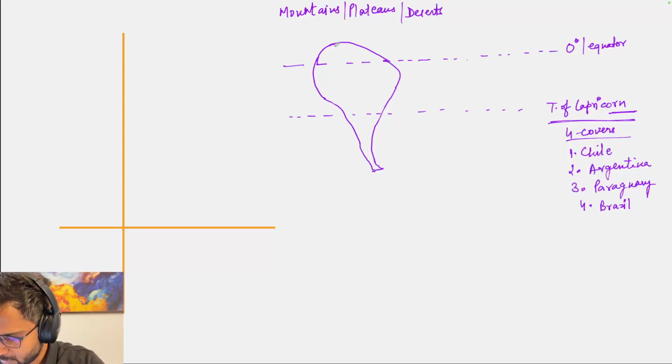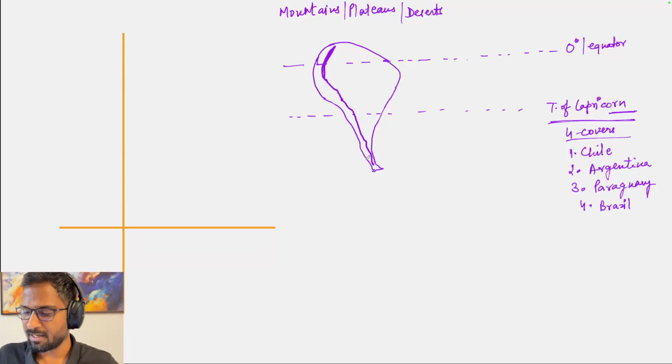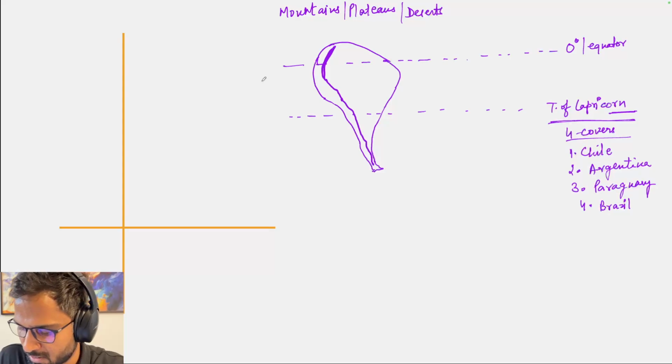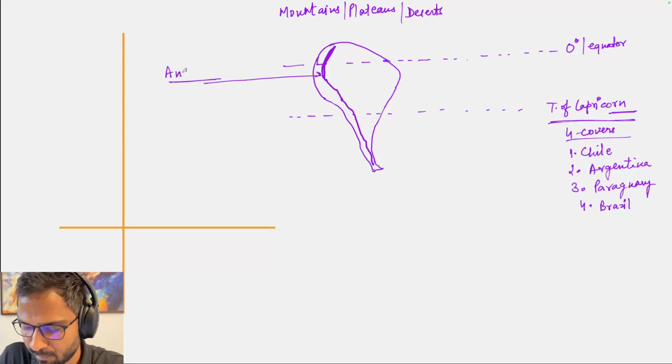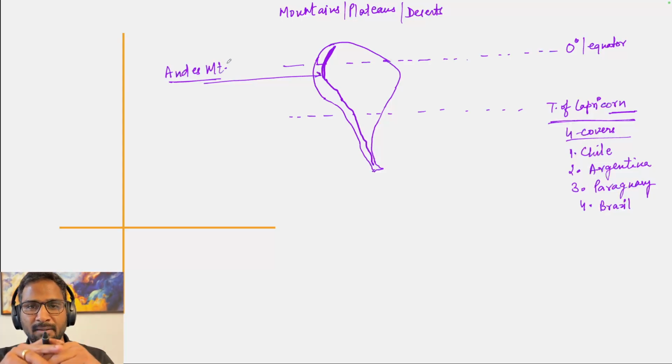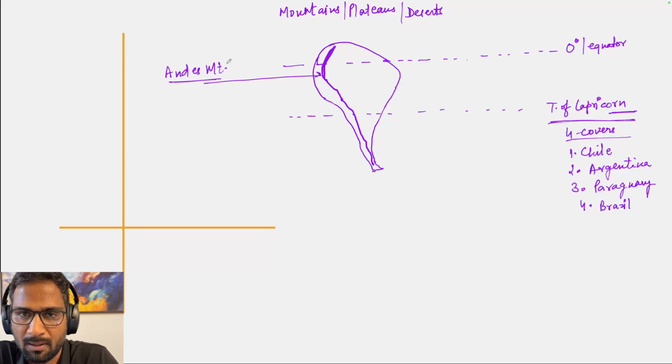So Andes is the mountain system that runs from the northern tip of South America till the southern tip of South America.